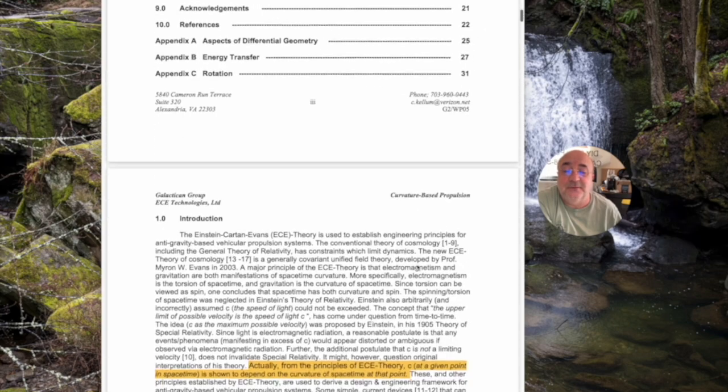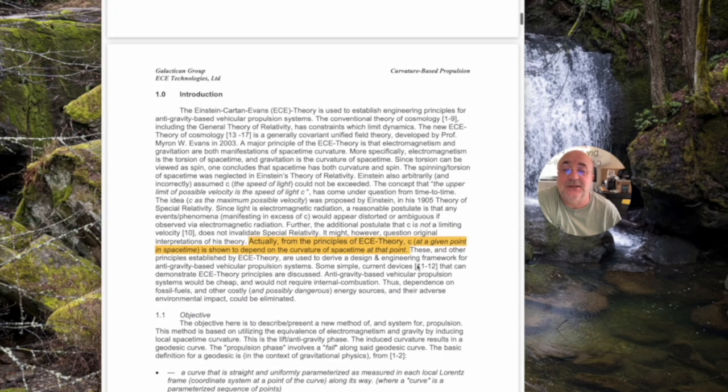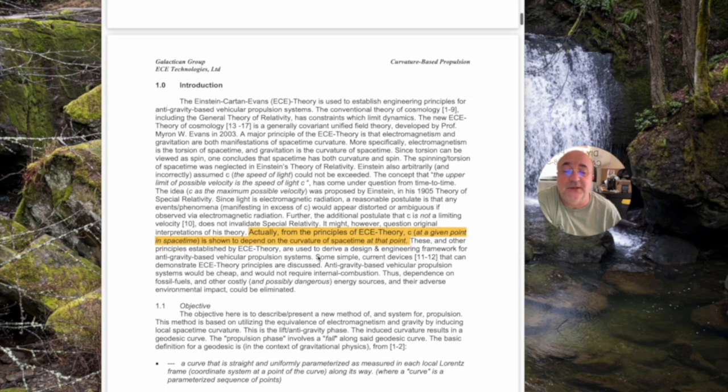When he gets past the table of contents and everything, we get into a little more meat of the problem. And he goes on to define that from the principles of ECE theory, c, the speed of light at any given point in spacetime, is shown to depend on the curvature of spacetime at that point.